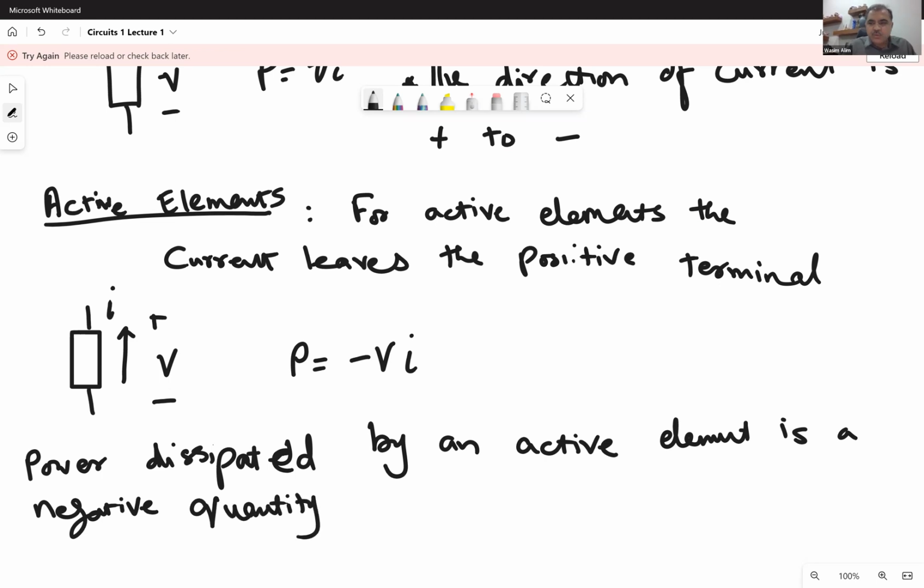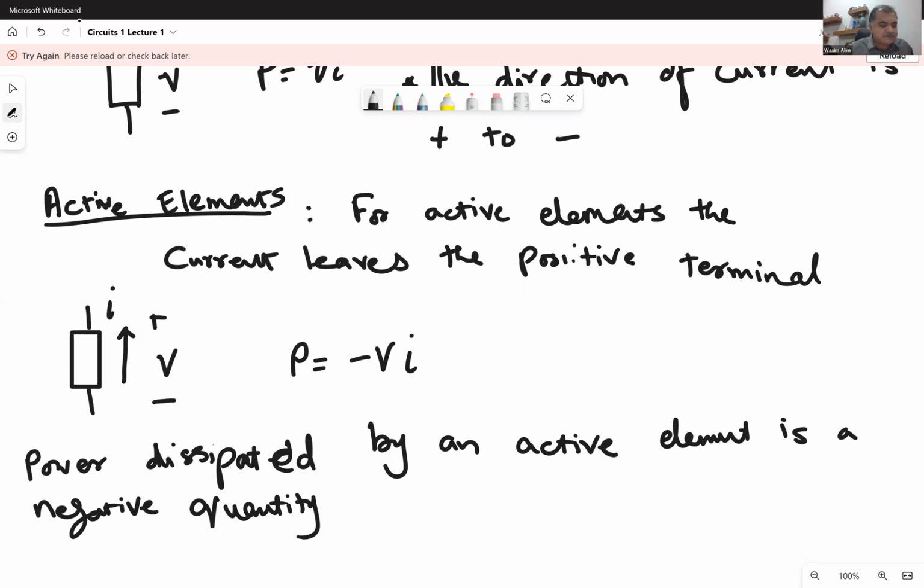So a voltage source would be a typical example of an active element. You can also have a current source. A voltage source is typically your batteries, so any 12-volt battery or 1.5-volt battery is your voltage source. An example of a current source is a photovoltaic cell, which, when activated through solar energy, can produce current, and that current can then be supplied to the rest of the circuit.